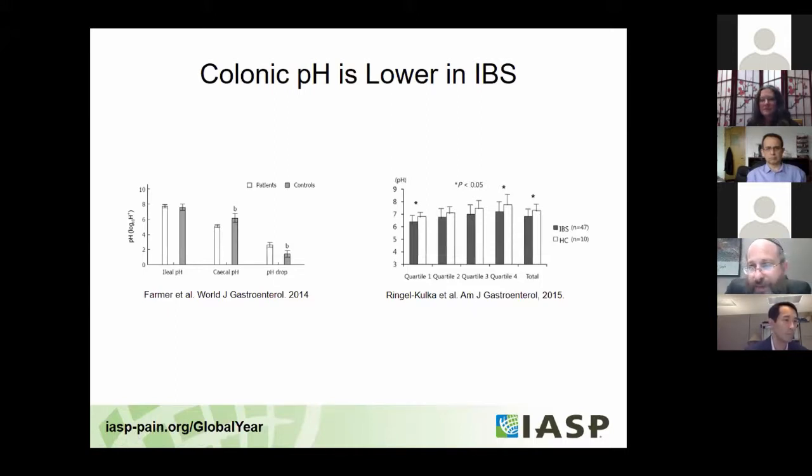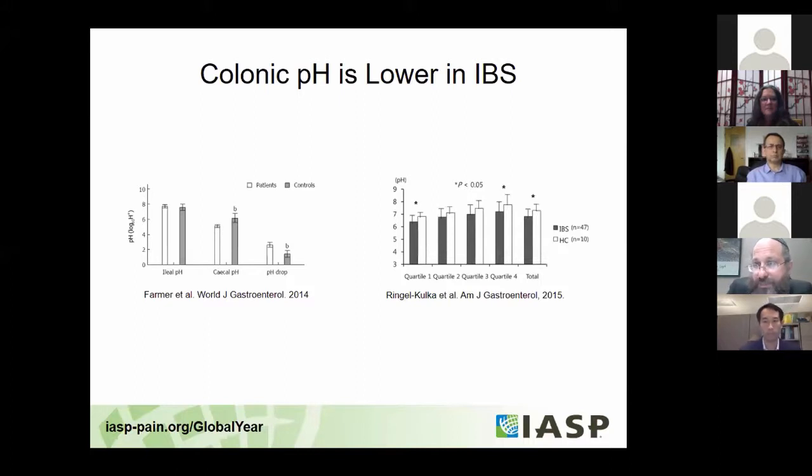Given the backdrop of the focus on the microbiome and people that have identified differences in the microbiome, people believe, for the most part, that an alteration in the microbiome could contribute to lower pH, which could contribute to mechanical hypersensitivity.